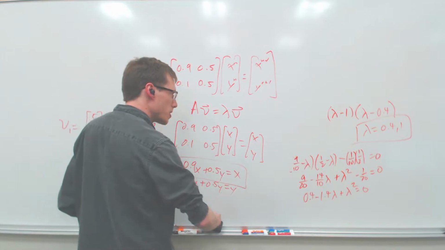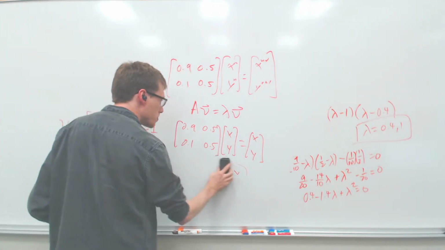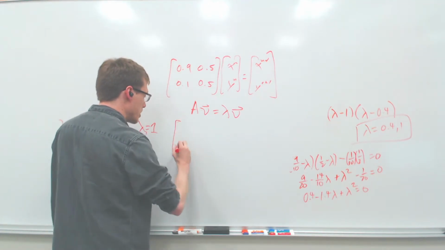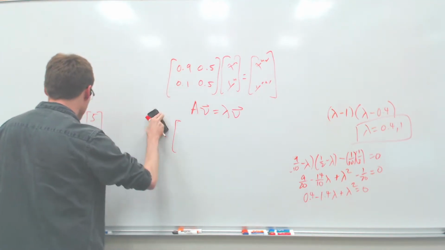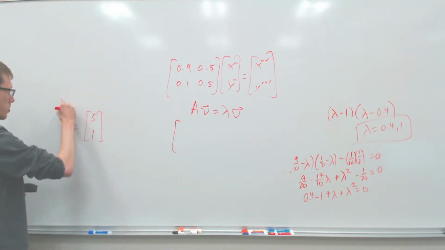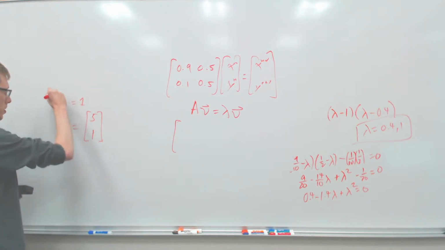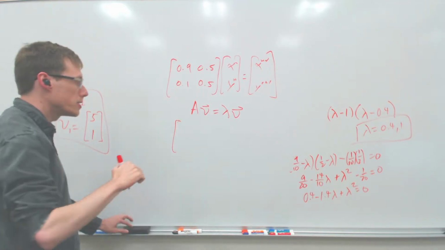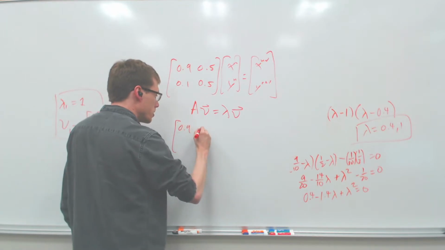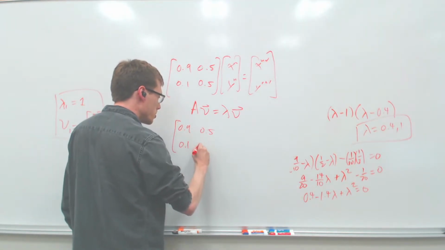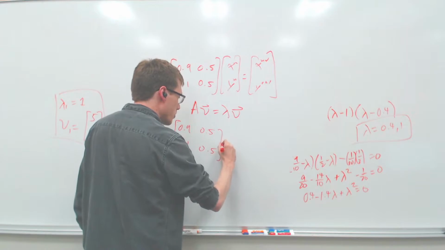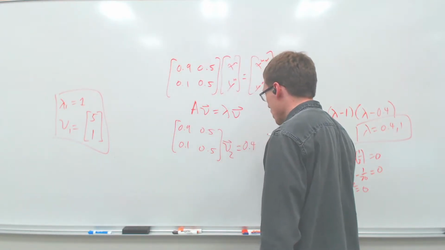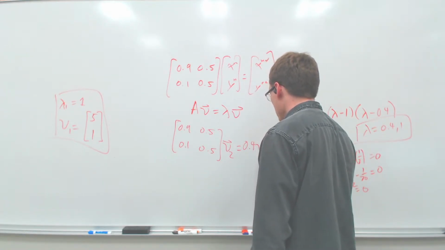Now we've got to do the same thing for lambda 2. In this case, I probably shouldn't have erased everything. Let me just move this over here. Lambda 1 equals 1, v1 equals 5, 1. And then we can say that the matrix 0.9, 0.5, 0.1, 0.5 times v2 has to be equal to 0.4 or 2/5 times v2, right?